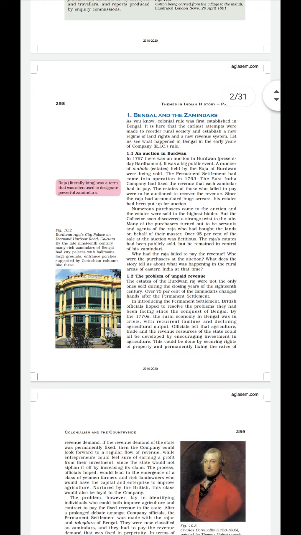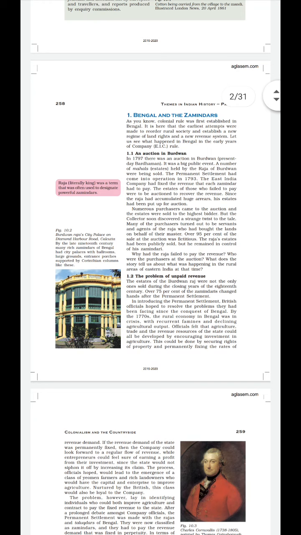As the British had permanently fixed the rate of revenue, there was a debate among the company officers on the improvement of agriculture and fixing the revenue to be collected from the state. For that they chose Jamindars and Talukdars for collecting taxes. If 100 villages were under a Jamindar or Talukdar, they needed to collect the tax from these 100 villages and give the fixed tax to the company.